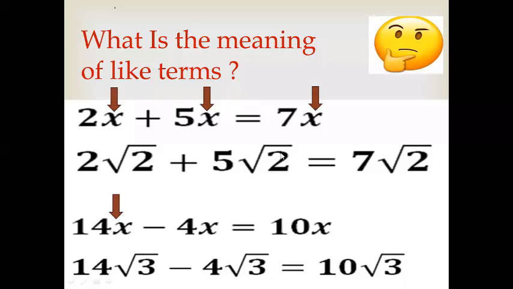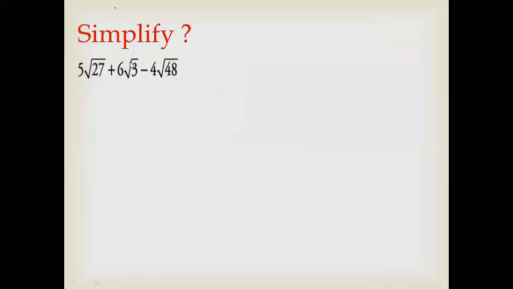Excellent. Now, next page. This is simplify: simplify 5 root 27 plus 6 root 3 minus 4 root 48. Okay? So, Ahmed, what are your notes here?